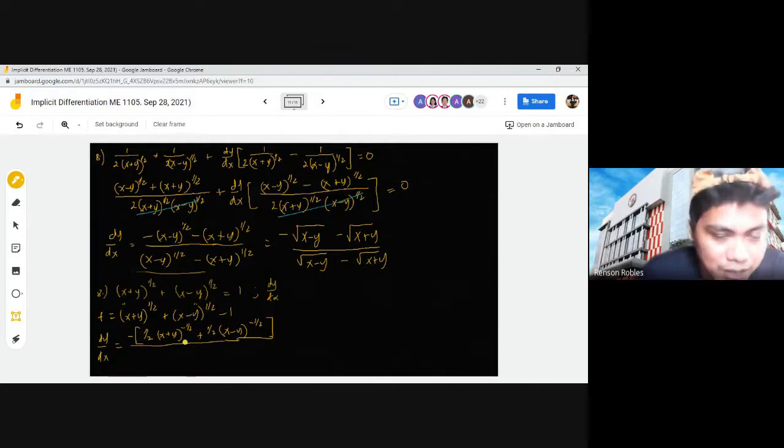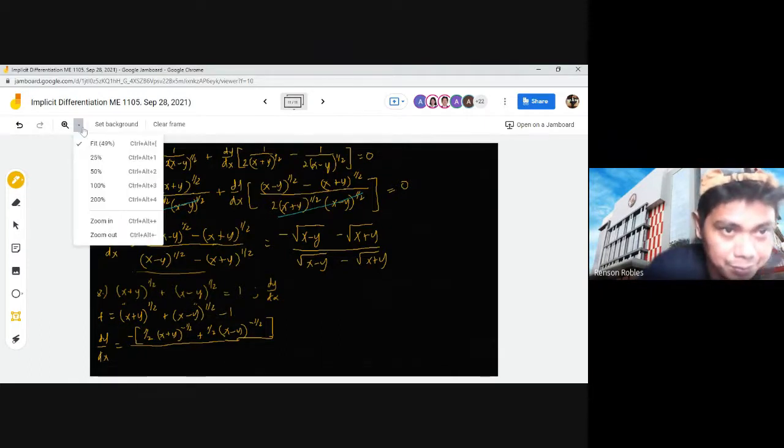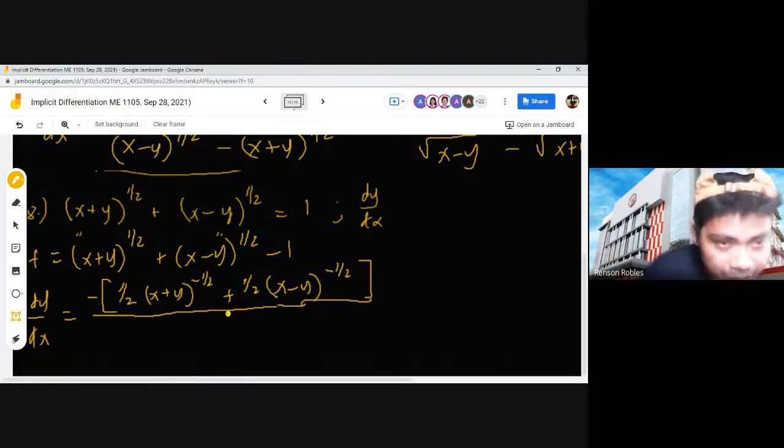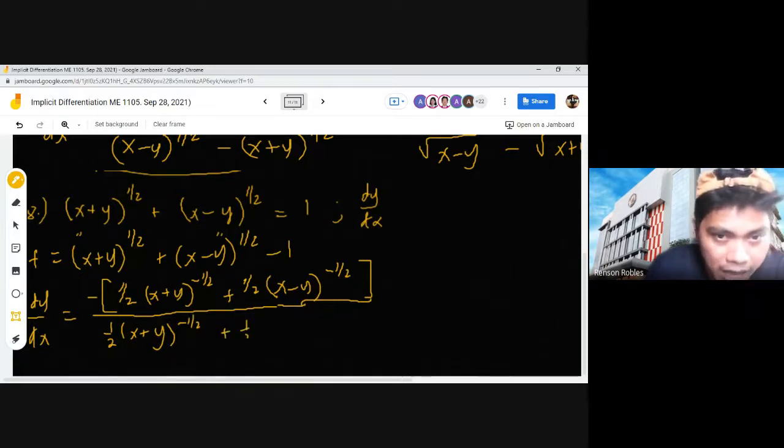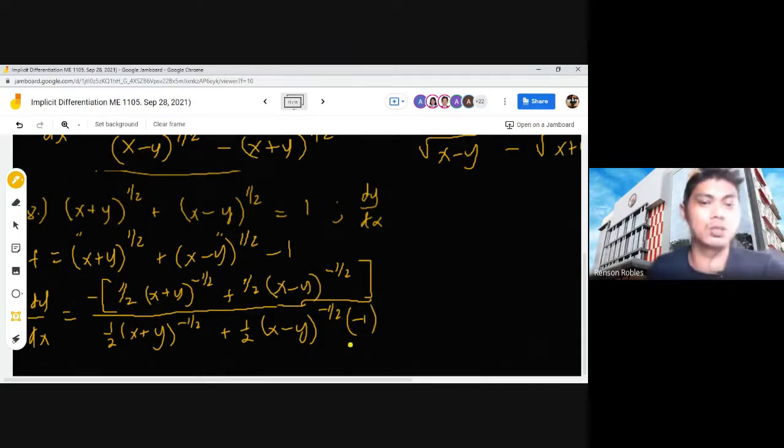Then sa ilalim, then derivative of 1 is 0. On the denominator, you differentiate it again in terms of y. So you have, in terms of y, 1/2 times x plus y raised to negative 1/2 times 1, derivative of y, plus 1/2 times x minus y raised to negative 1/2 times derivative of x minus y in terms of y, which is negative 1.